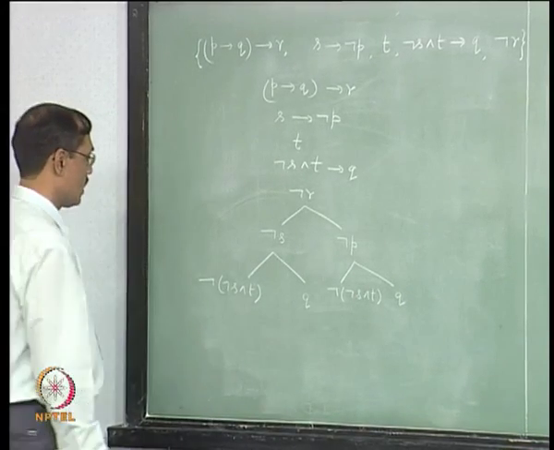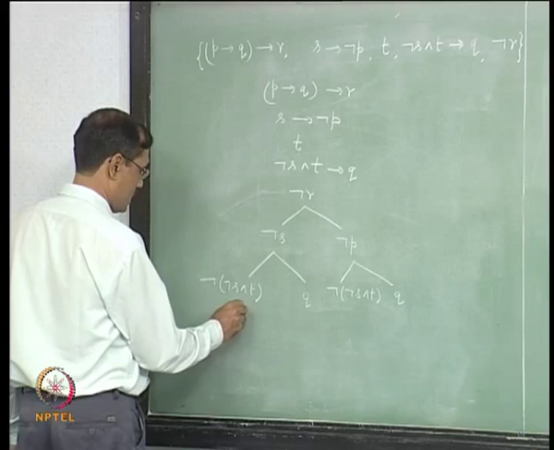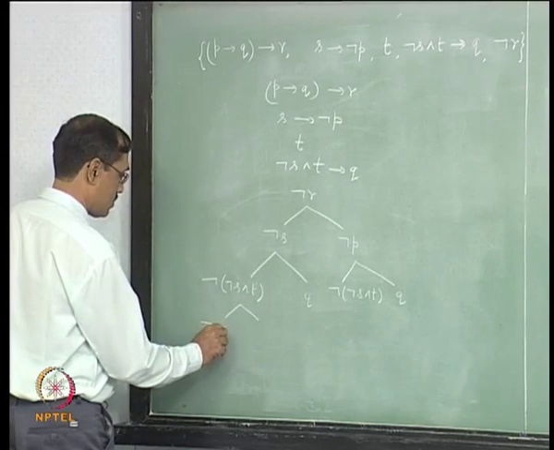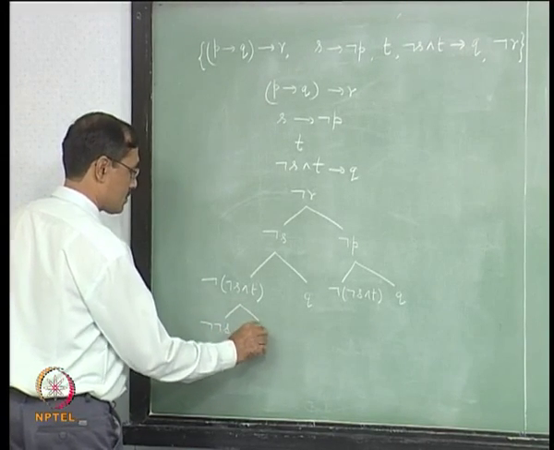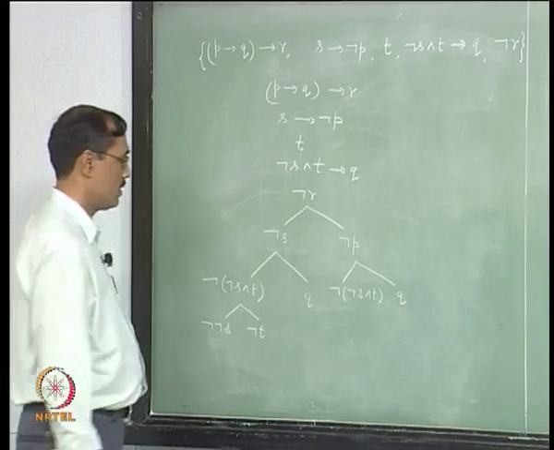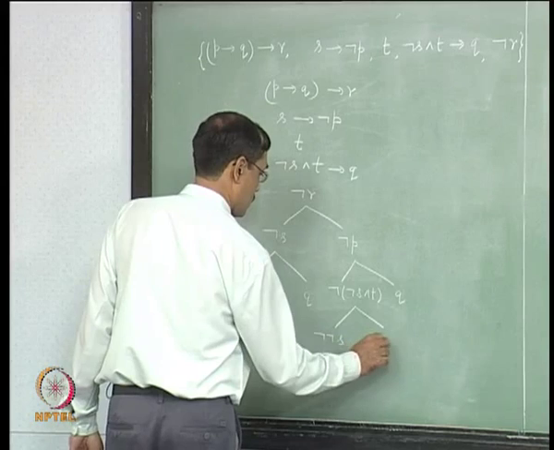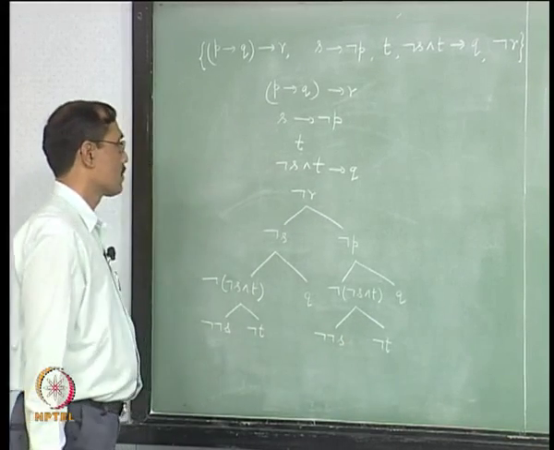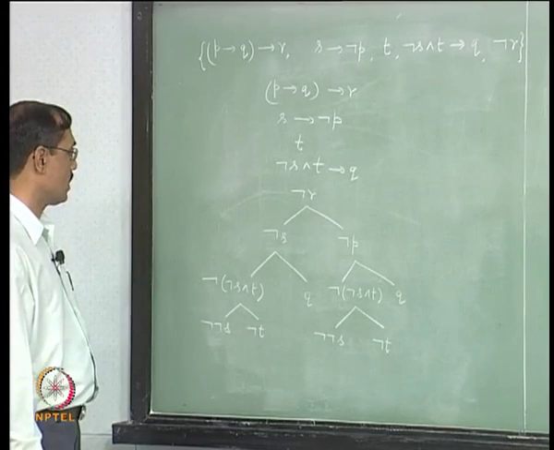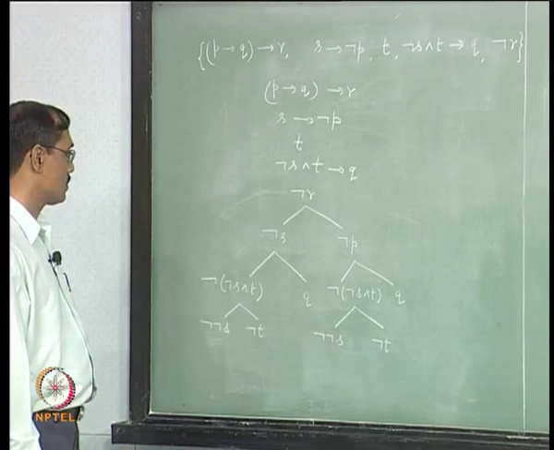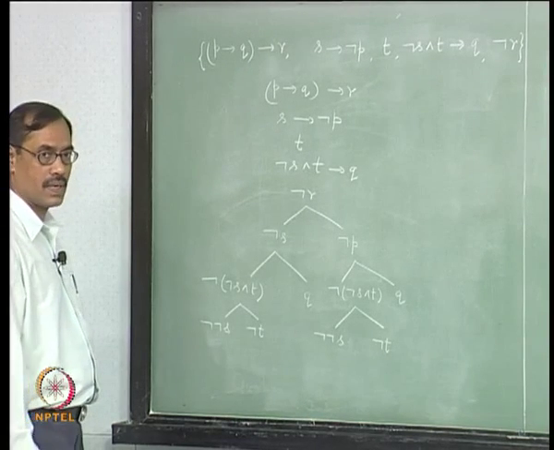Fine. So, again this one gives 2 branches, not S and not T. Same way this. Fine. Is that right?